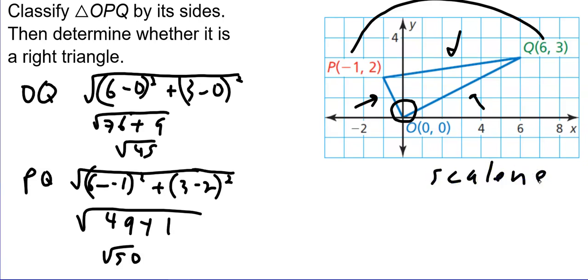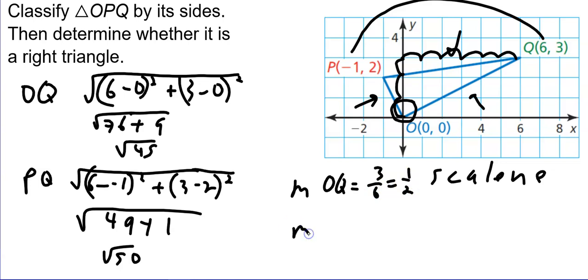But now we need to determine the slope. In this case, we don't have to do the slope formula. We can just count from O to Q. We go up 1, 2, 3, and right 1, 2, 3, 4, 5, 6. So the slope of OQ is up 3, right 6, or 1/2. The slope of PQ is going from here, up 1 and right 1. I'm sorry, my bad. I don't need PQ.